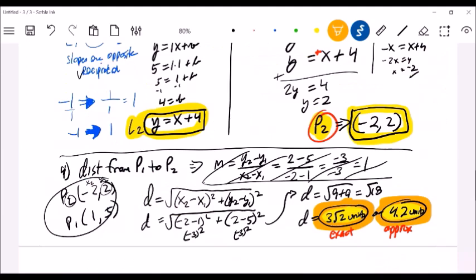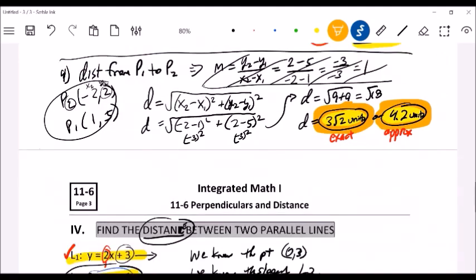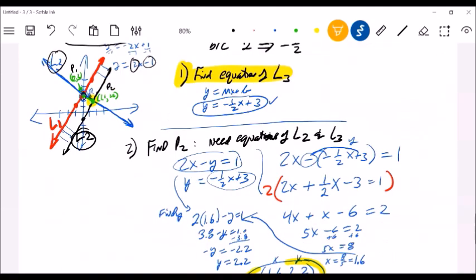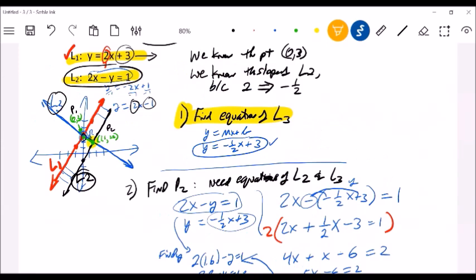We got the 2 points and the distance between those 2 points. In this problem, two parallel lines. We found a line between them, and it was definitely always better to start with the y-intercept line.